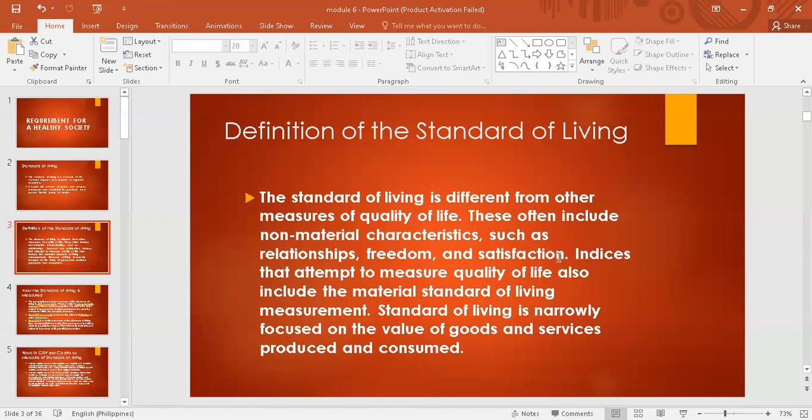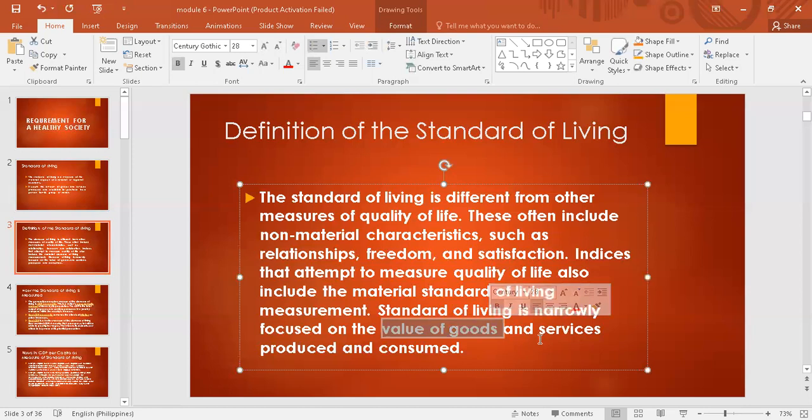Ngayon, may standards ba na ini-indicate ang society? Yes, may siniset na standards ang society natin kung paano mabuhay ang mga tao sa isang society. Okay. So, yung sinasabi ko, indices that attempt to measure quality of life also include material standard of living measurement. So dito, the standard of living is narrowly focused on the value of goods and services produced and consumed.